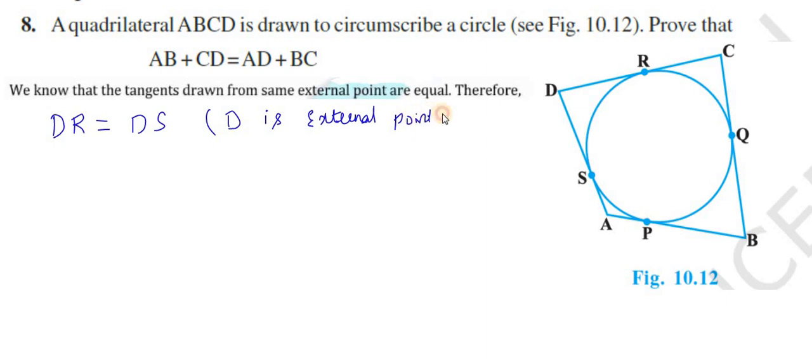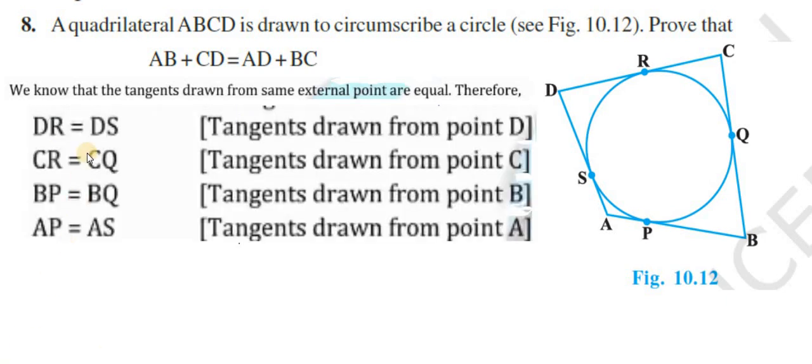Okay, so next, DR is equal to DS. Then, if A is an external point, we can write similarly. Here D is an external point, and the tangents drawn from the external point are equal, so we can write DR equal to DS.